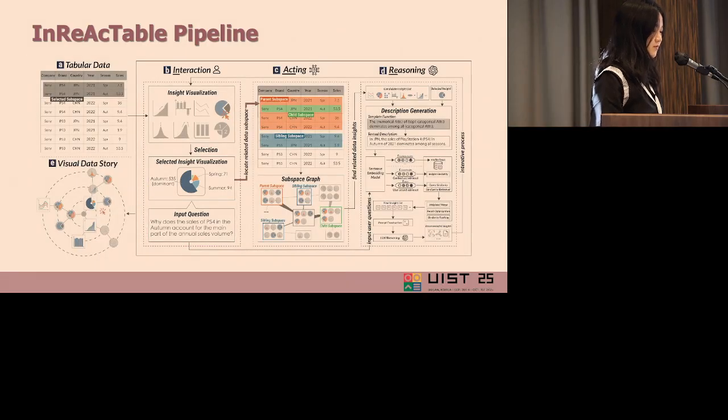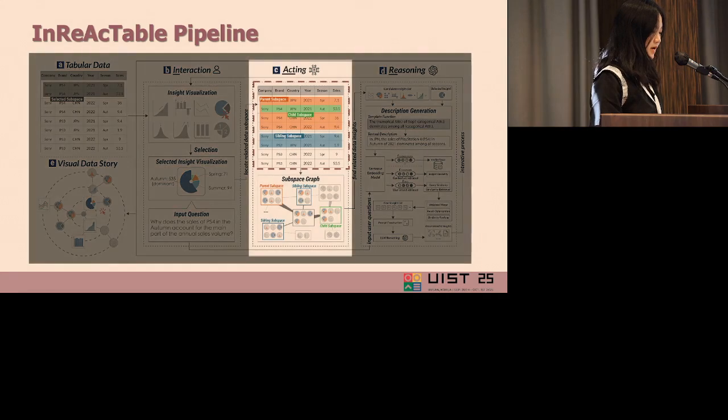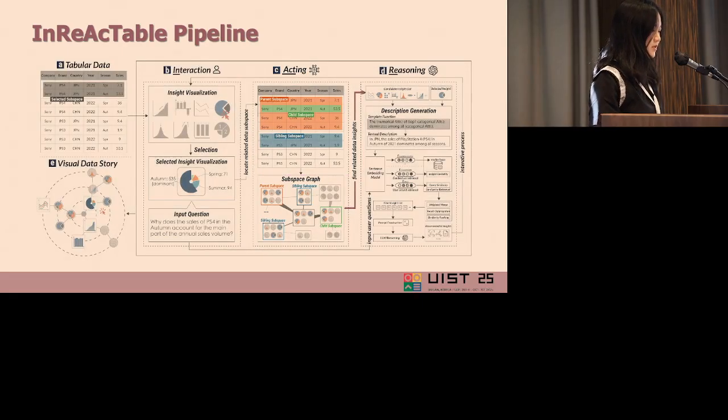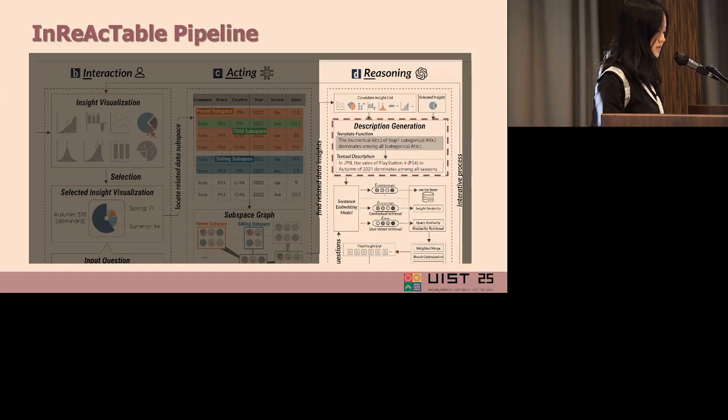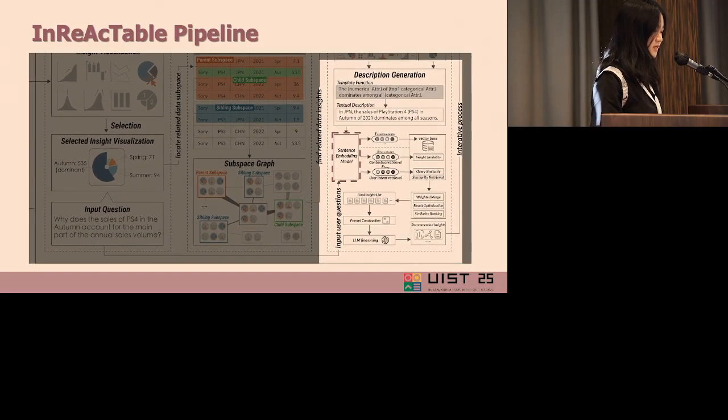For the currently focused insights, the acting module locates the data subspace where the insight resides and then searches the subgraph for connected subspaces to perform structural filtering, resulting in a candidate insight list that effectively narrows the search space. Then the reasoning module first transforms the insights into textual descriptions and then performs sentence embedding.